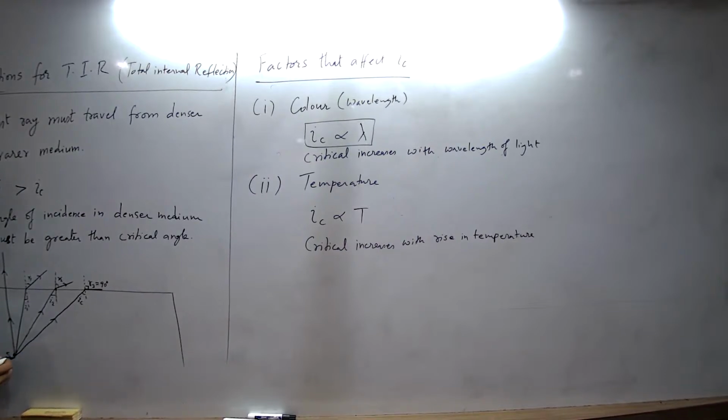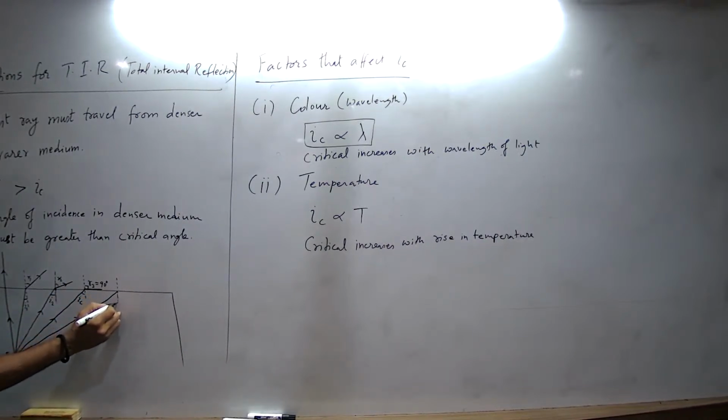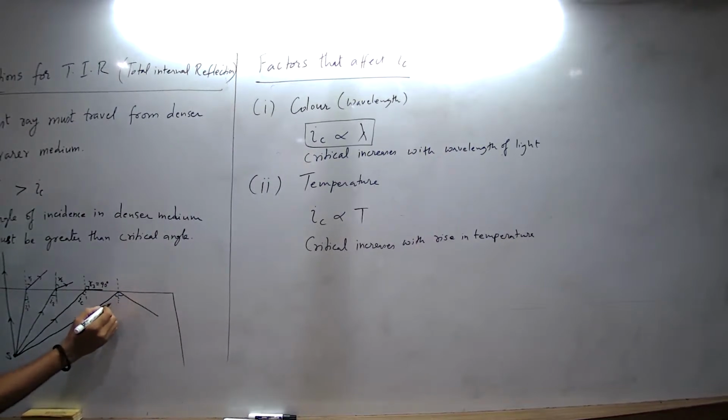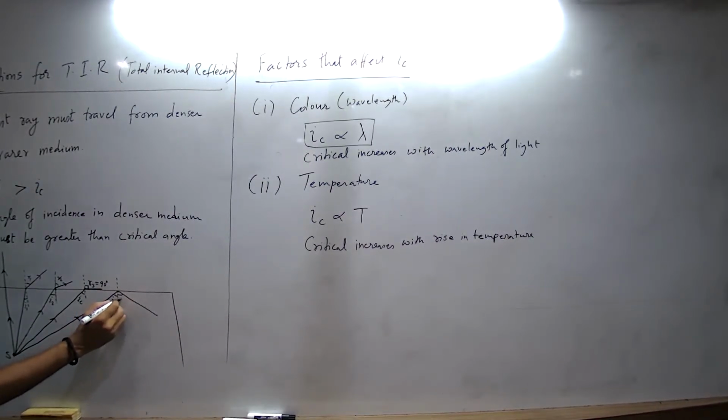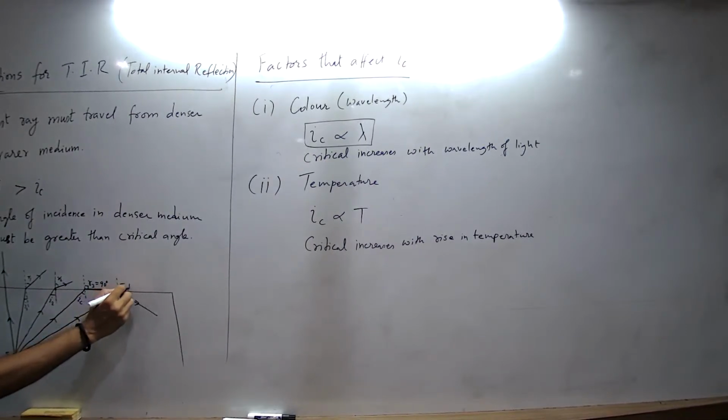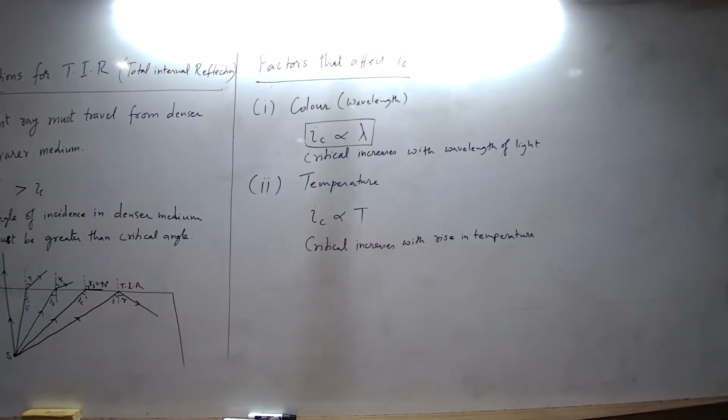Now what happens if the angle is increased further? So you see the angle of incidence is going on increasing. This time this R should be greater than this. So अभी क्या हो जाएगा वो? It is bounced back in the same way. So now it will suffer total internal reflection. So this point is called TIR. Understood?